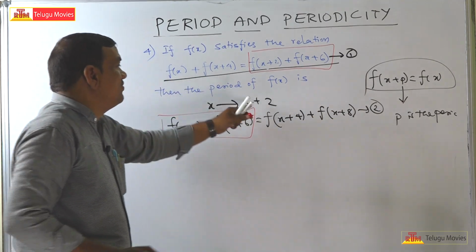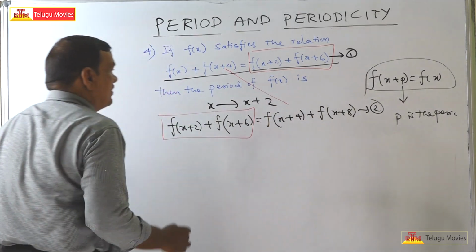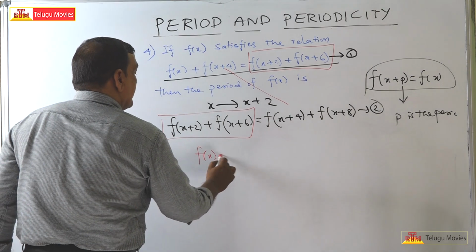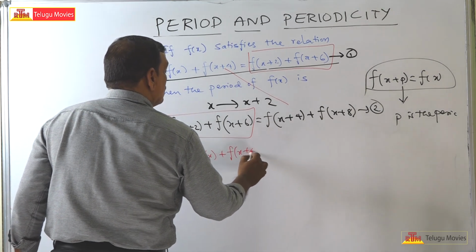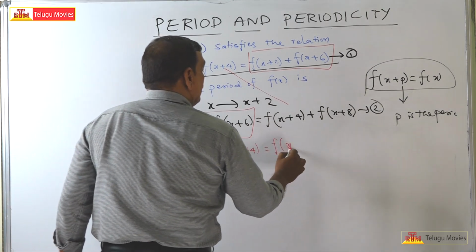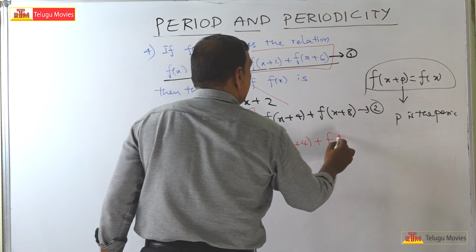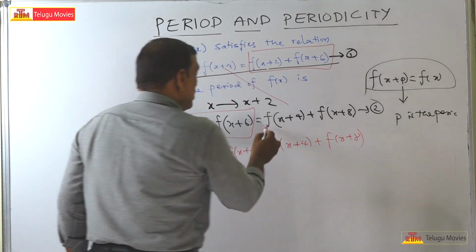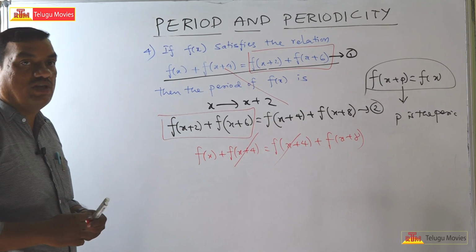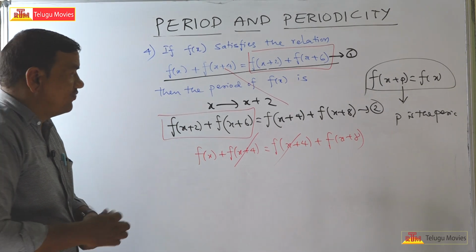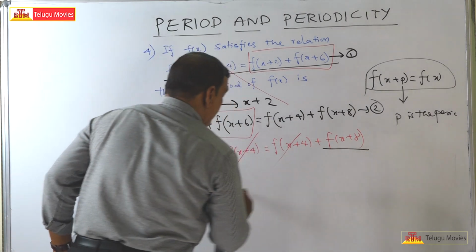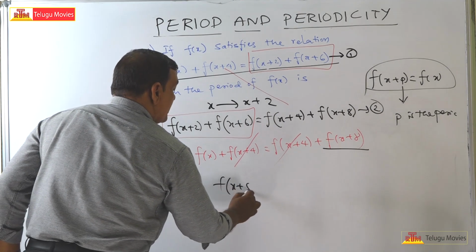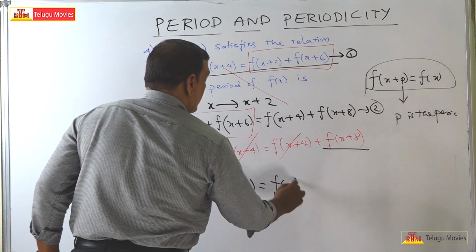Therefore, can I equate these two? Sure. That is f of x plus f of x plus 4 is equal to f of x plus 4 plus f of x plus 8. Clearly, f of x plus 4 gets cancelled on both sides. Therefore, what you got is f of x plus 8 is equal to f of x.